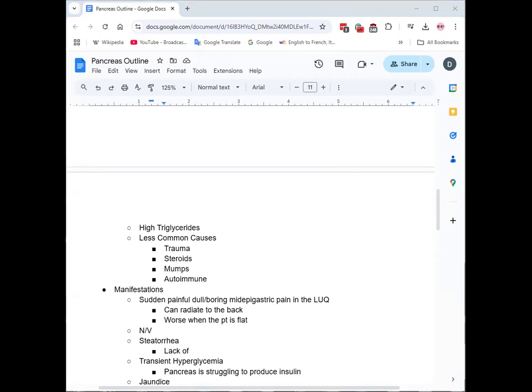They mentioned ileus. Honestly, I don't even know what that's referring to. Let me see what that is. Oh, okay. It's a lack of peristalsis. Surely there's a better word for that. I guess that's just what it's called. I was thinking of a different word.